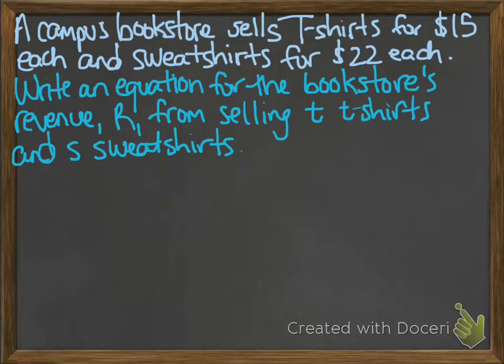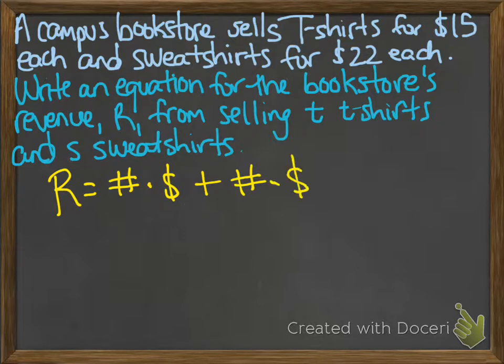A campus bookstore sells t-shirts for $15 each and sweatshirts for $22 each. Write an equation for the bookstore's revenue R from selling T number of t-shirts and S the number of sweatshirts. Well, revenue is simply their income. So their revenue is going to equal the number of t-shirts times the price plus the number of sweatshirts times the price.